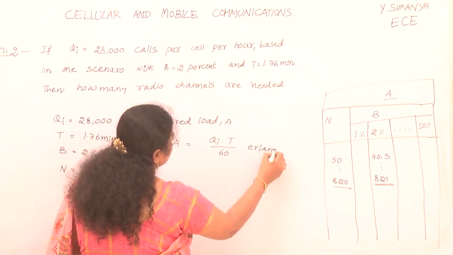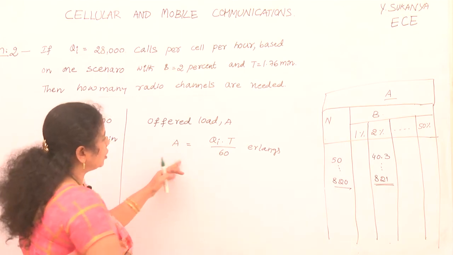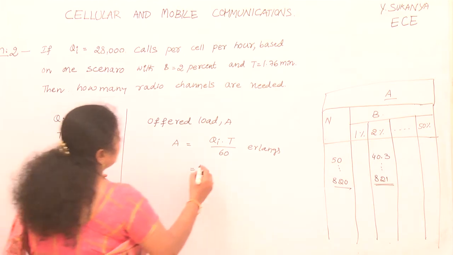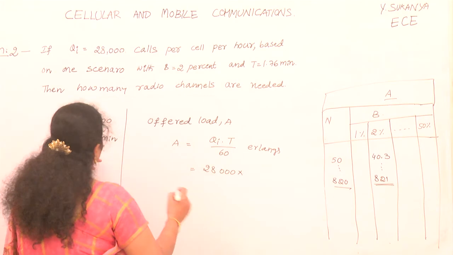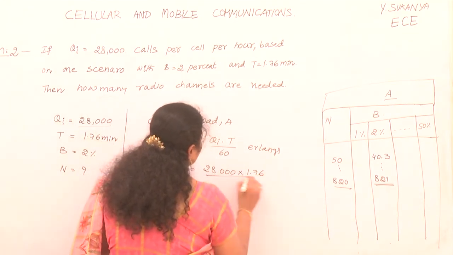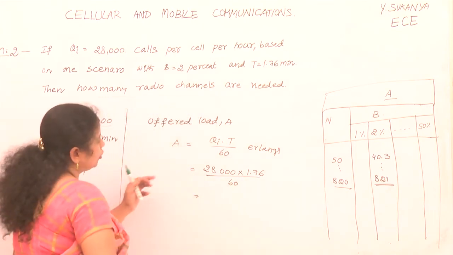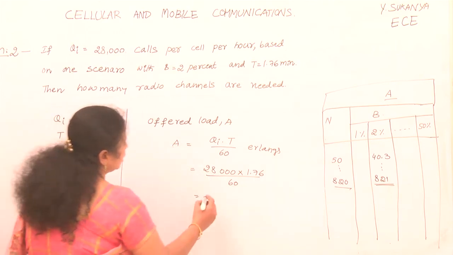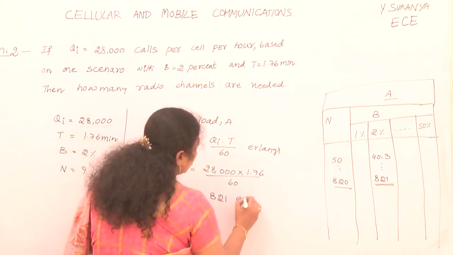So using this, we will be calculating the offered load. For this problem, QI is 28,000 and average duration is 1.76 by 60. After substitution of all these values, the value of A is found to be 821 erlangs.